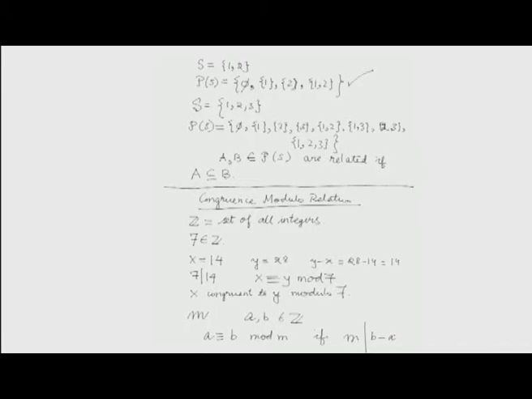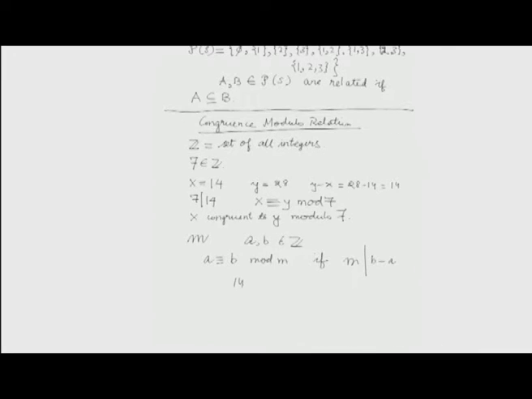So, as we have already seen, 14 is congruent to 28 modulo 7.